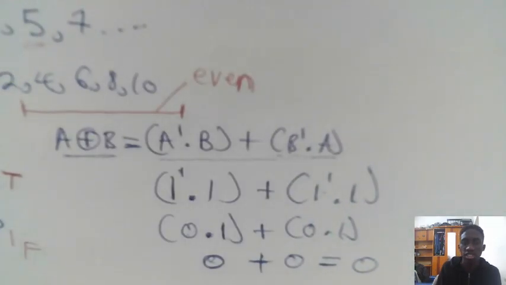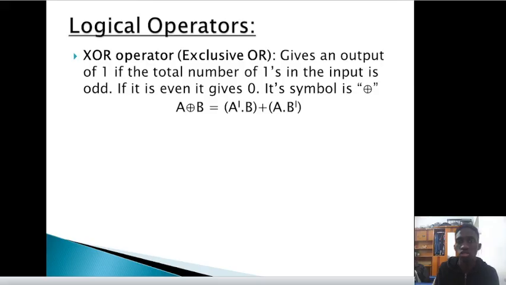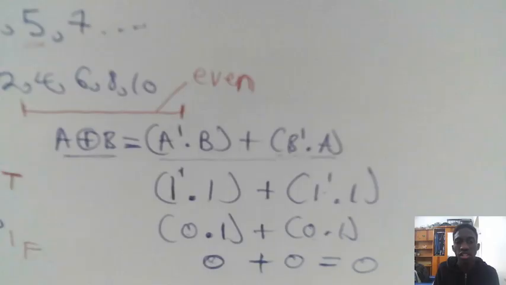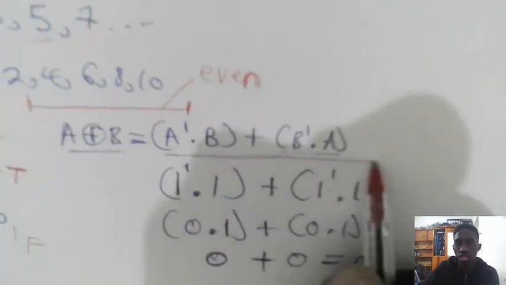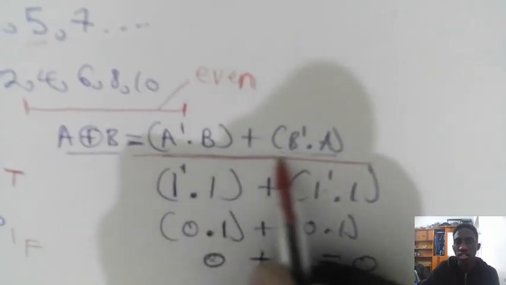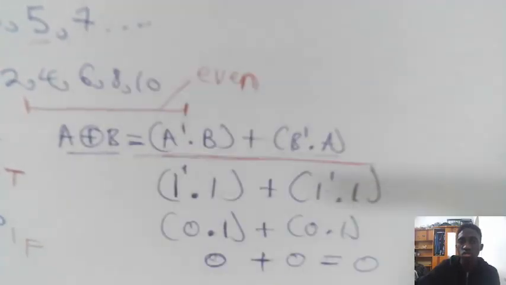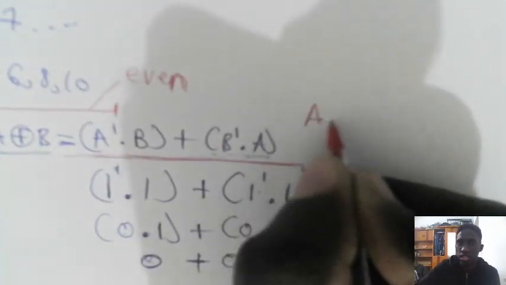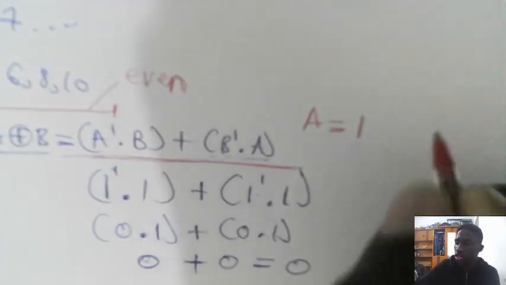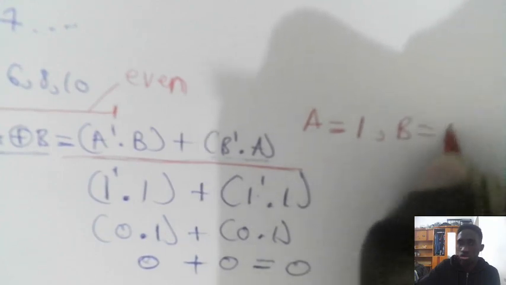Just to prove the statement we made, that A exclusive OR B is equal to A complement and B, or A and B complement, let's consider this example. This is the formula here, and let's assume in this scenario that A is equal to 1 and B is equal to 1.